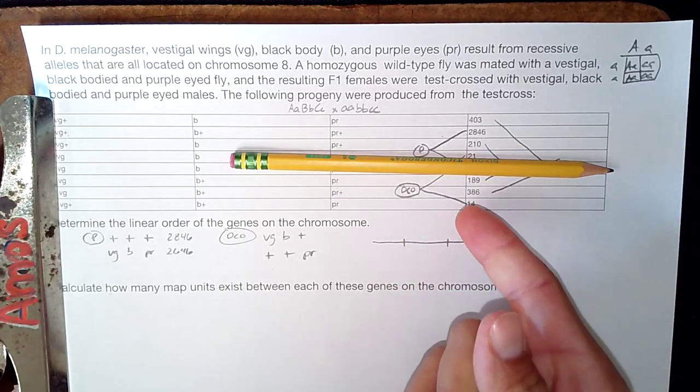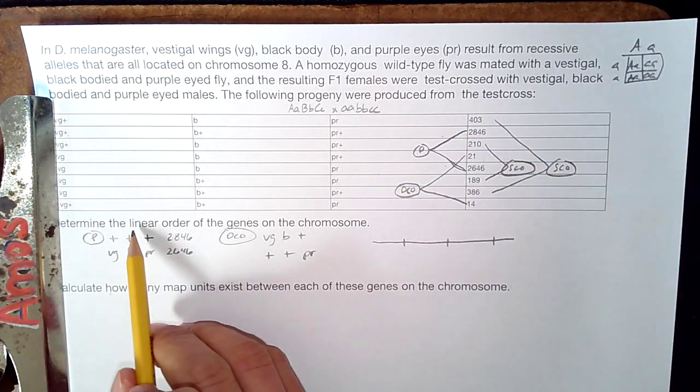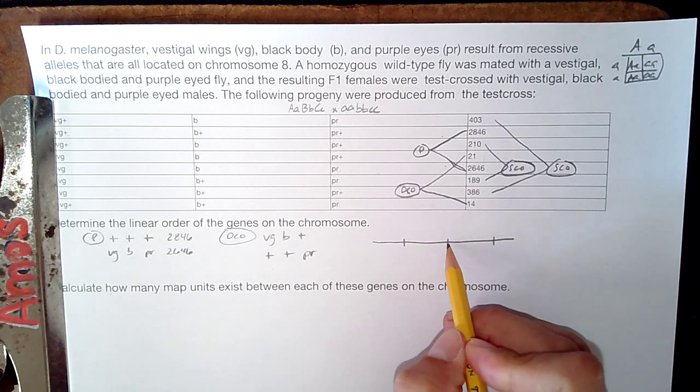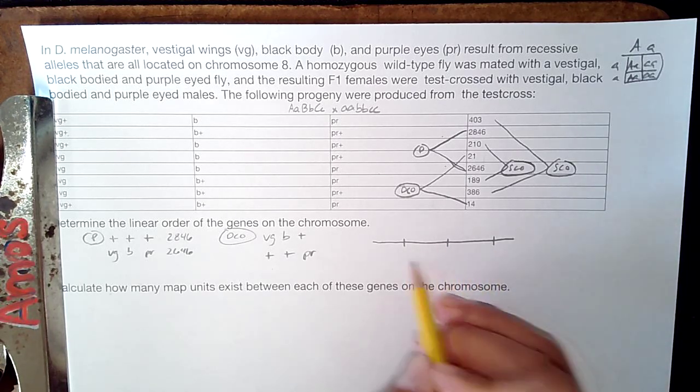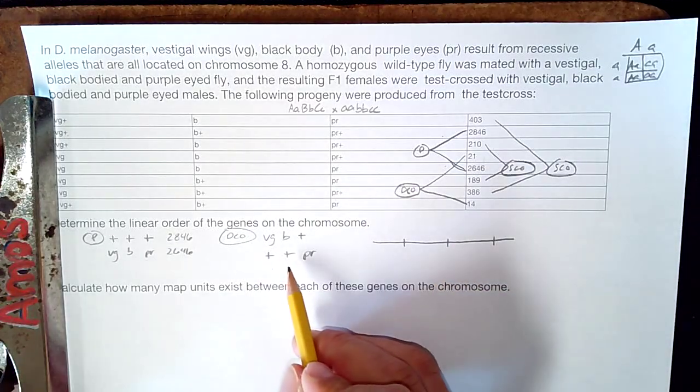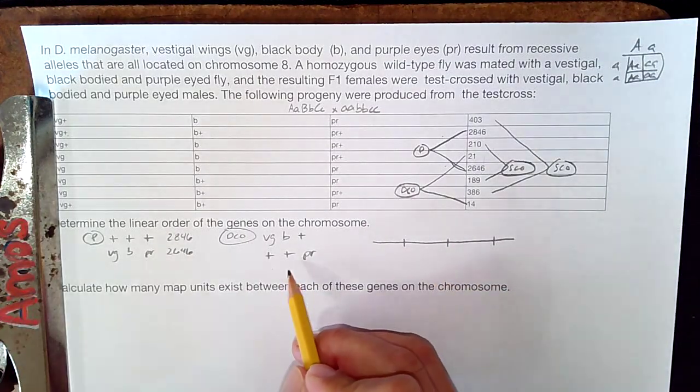I'm talking about the same object. So when we say linear order of the genes on the chromosome, what the instructor, the person who's grading you, wants to know is if you have figured out which gene is in the middle. It doesn't matter who's on either the left or the right position. What matters is what's in the middle. And so by looking at our double crossover, that will let us know which gene is in the middle.